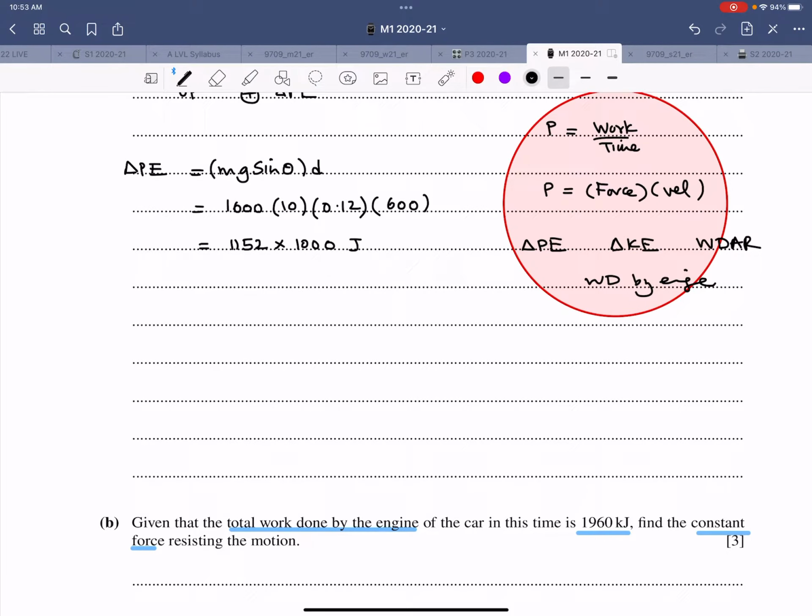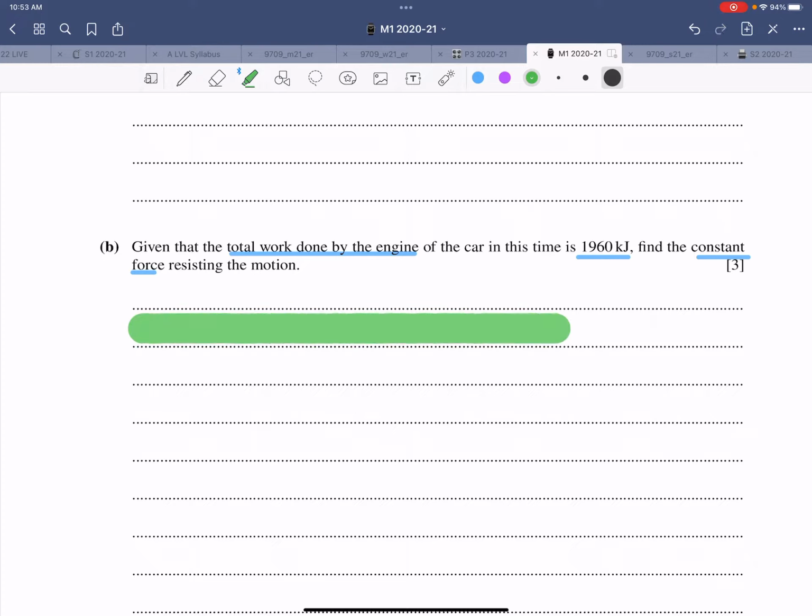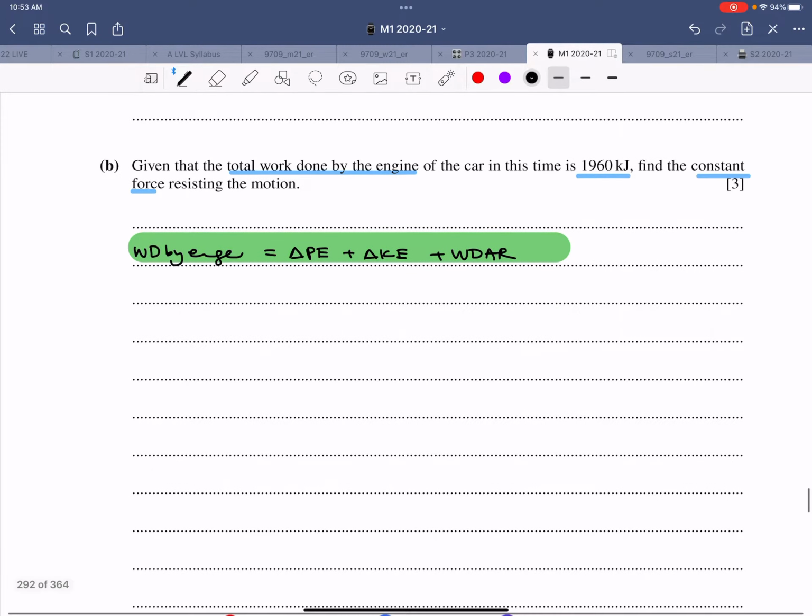This is joules. Given that the total work done by the engine is this much, this time now I'll be using this equation, that is work done by engine, that is change in potential plus change in kinetic plus work done against resistance. Work done by the engine is 1960 into 1000.